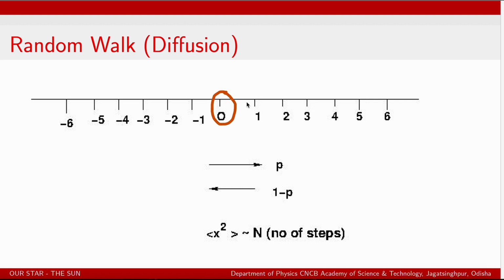You have points denoted by 1, 2, 3, 4, 5, 6 on the right hand side, and on the left hand side we have points like -1, -2, -3, and so on. Suppose a person starts from here, and then the person can go either to the right with probability p, or the person can go to the left with probability 1 minus p. For the sake of simplicity, we will take the probability to be half. It doesn't change the physics.